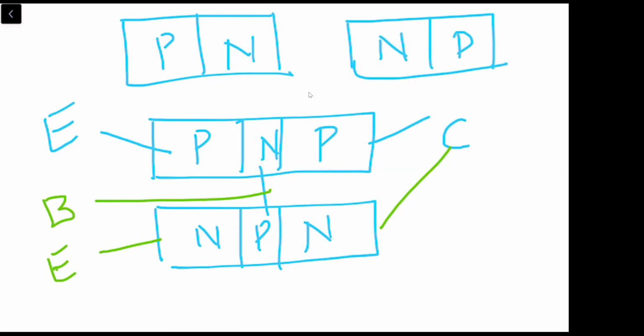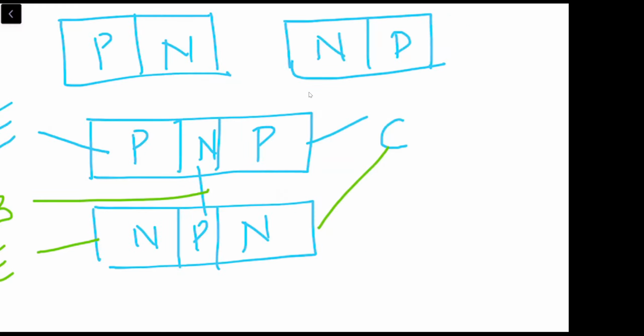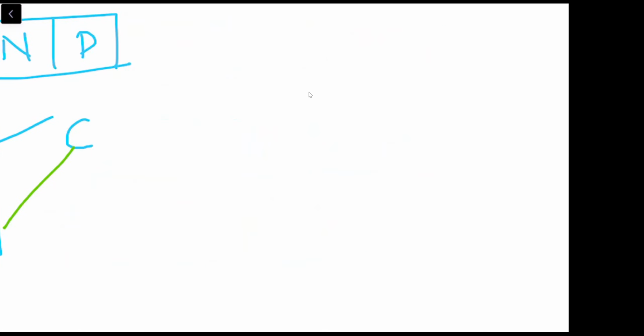Okay, so we are discussing the transistor. In the transistor, we have either PNP or NPN, right? If we are going to see the symbolic representation of the transistor, symbolically the transistor is being represented as having three legs.